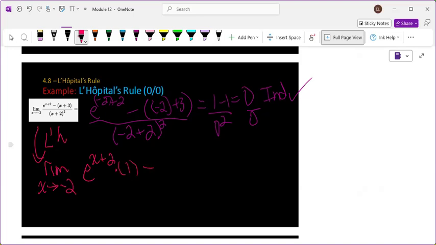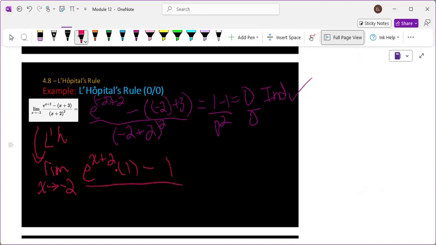Minus, what's the derivative of x plus 3? Just 1. Derivative of x is 1, derivative of 3 is a constant, so it goes to 0.